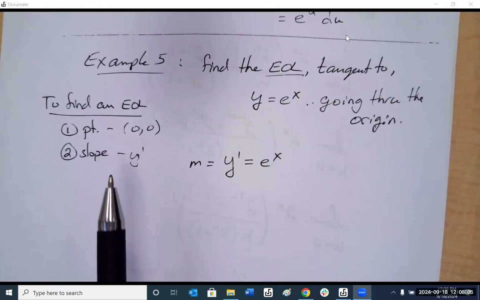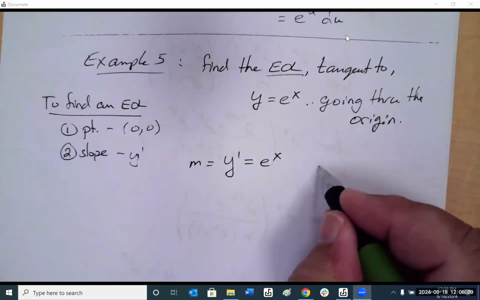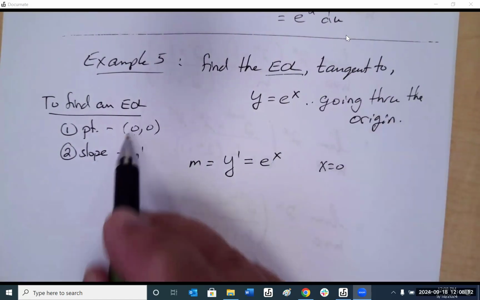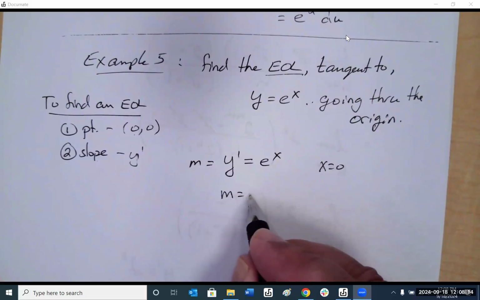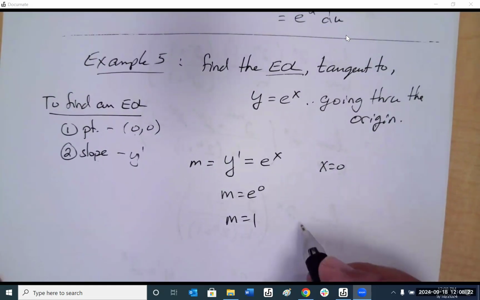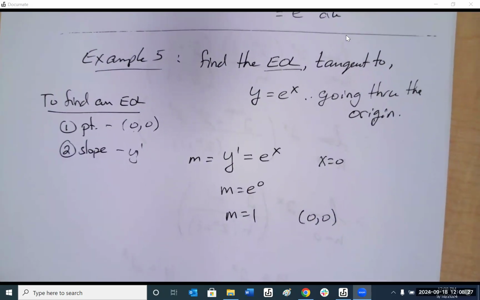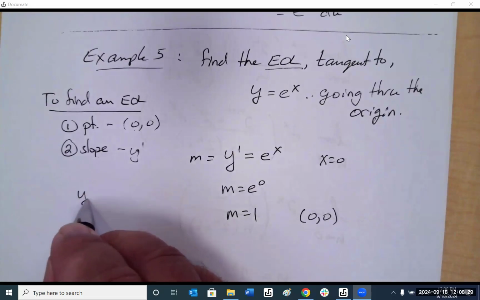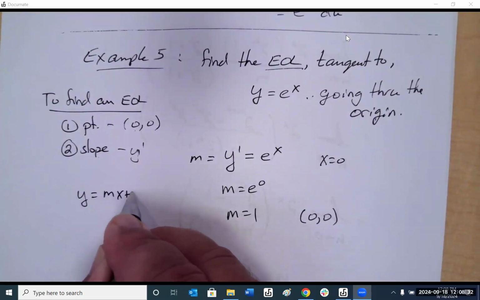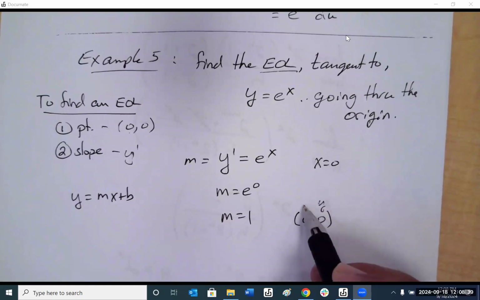0. Because if it's the equation of a line, it's going to have the same slope everywhere. So we're going to say x equals 0 from the origin. So my slope is e to the 0, which is 1. Going through the point 0, 0. Do we have a y value? Right here. Do we have an x value? Yes.